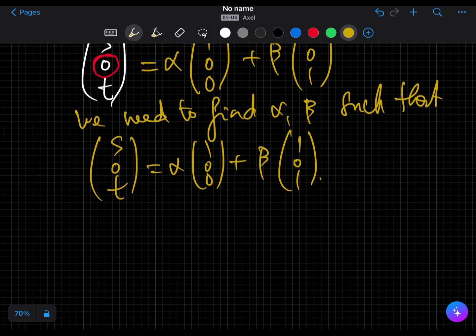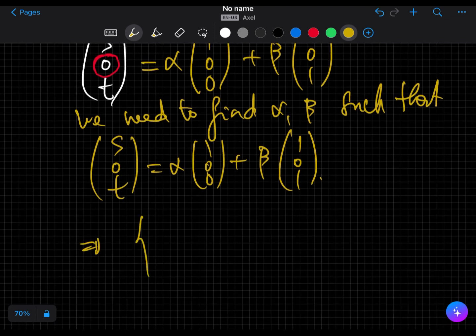From this equation, we can simply see that s equals alpha plus beta and t equals beta.